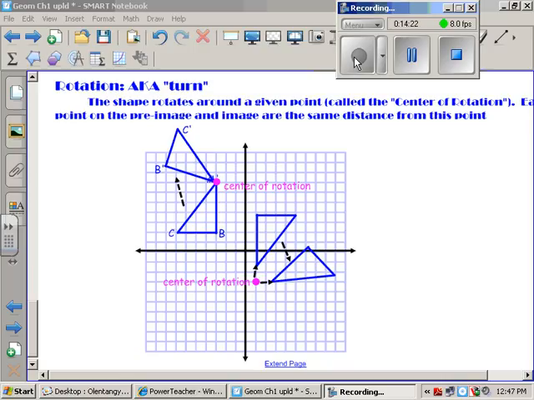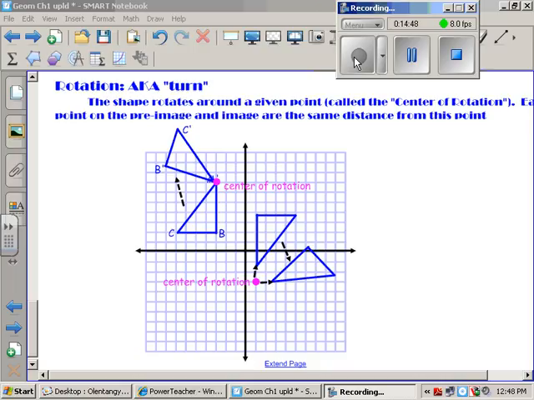Yeah, the arrow shows that, but if there was no arrow, you could go that way. Generally speaking, we always count the shortest distance as the way it's rotating. You know what I mean? If we have to go past 180, chances are you're supposed to go the other way. Does that make sense? Okay.